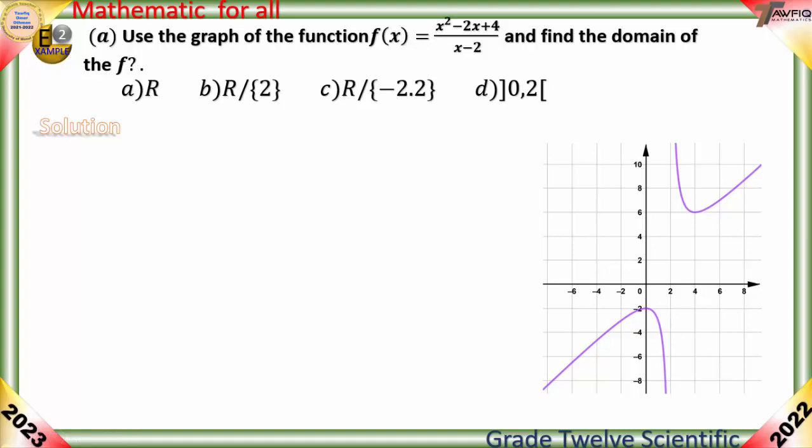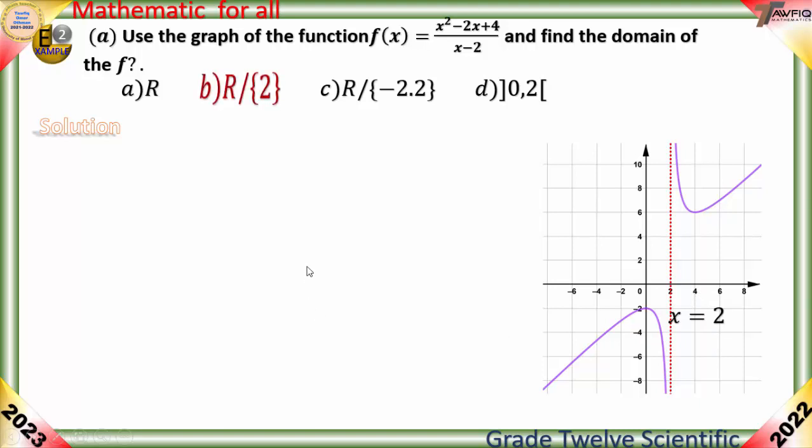To find the domain, we are searching for the vertical asymptote. As you can see here on the graph of the function, we have a vertical asymptote at x equal to 2. That means this function is defined at all real numbers except 2.